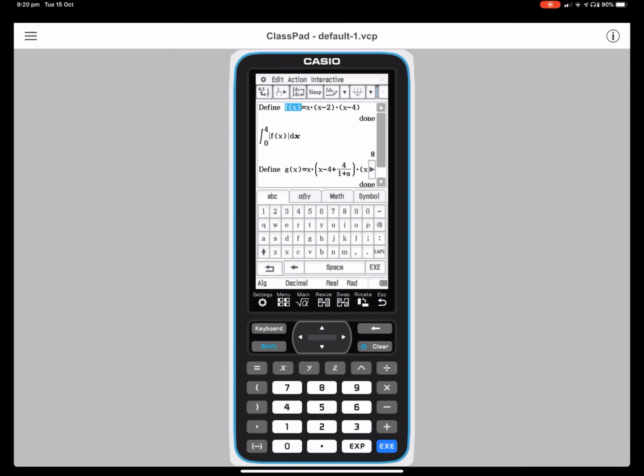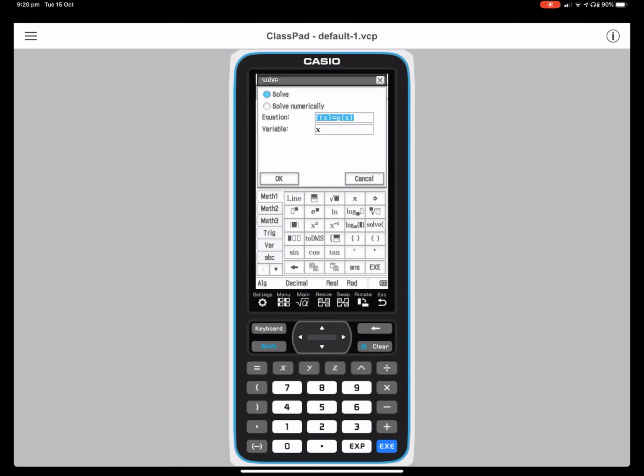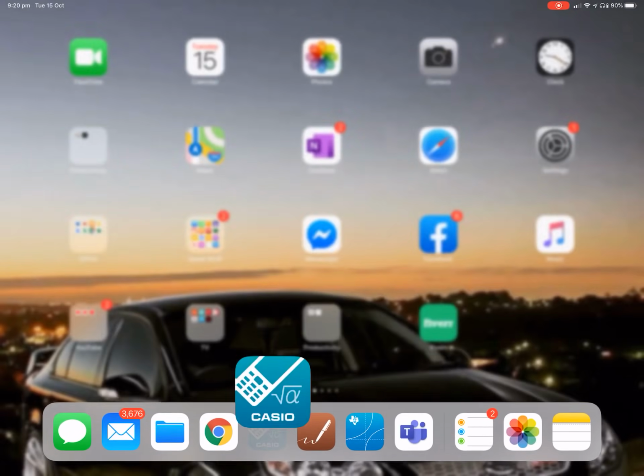So we say, when does f of x equal g of x, solve for a. A equals 1.